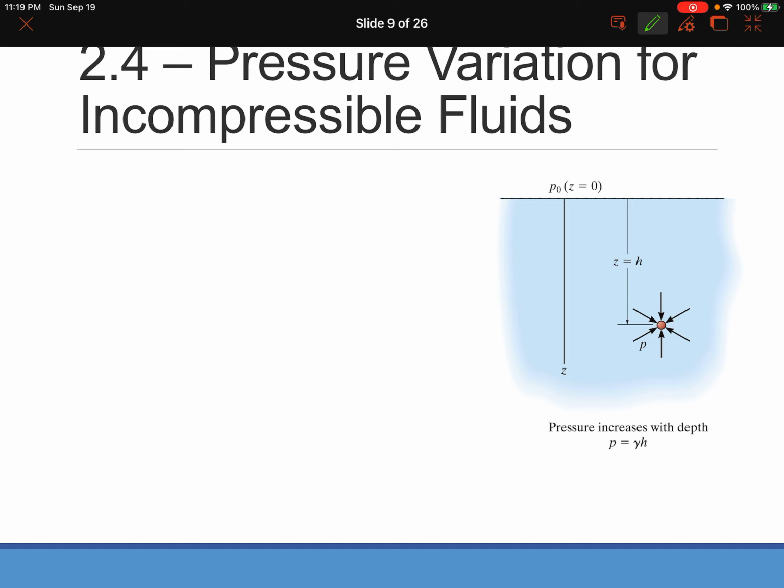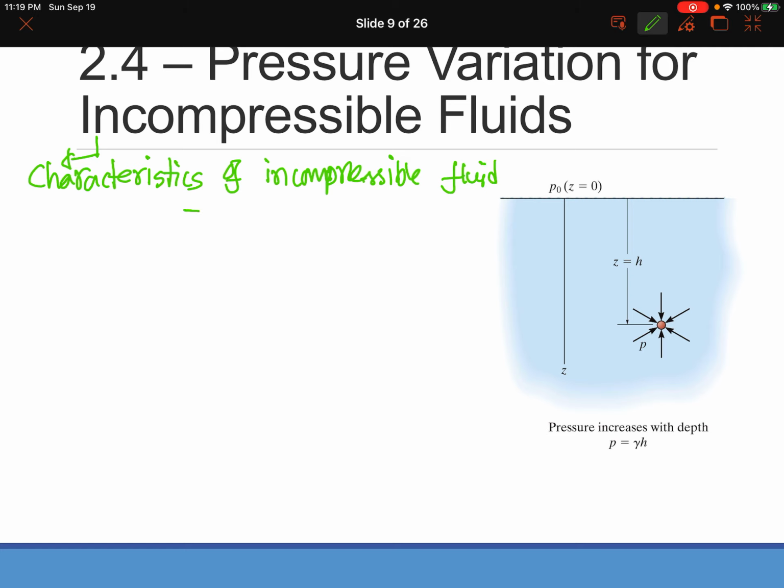The characteristic of the incompressible fluid is that it's unable to compress. That means you can't change the volume, and that means gamma is constant here.